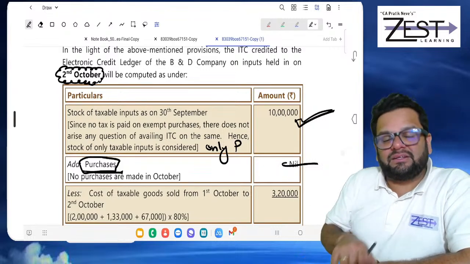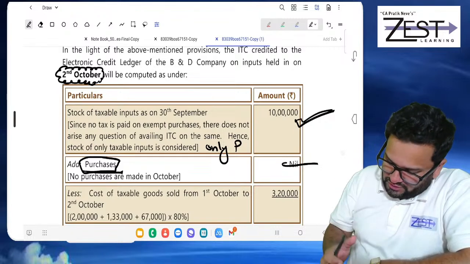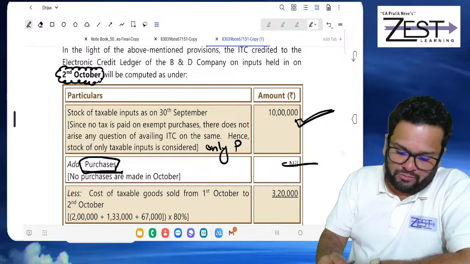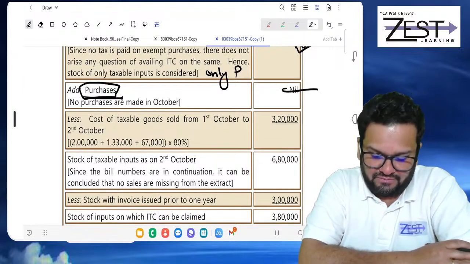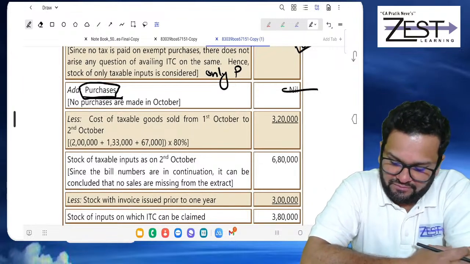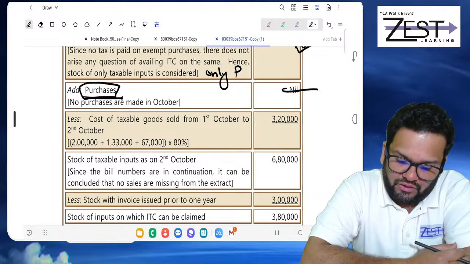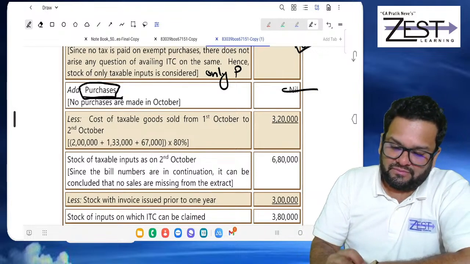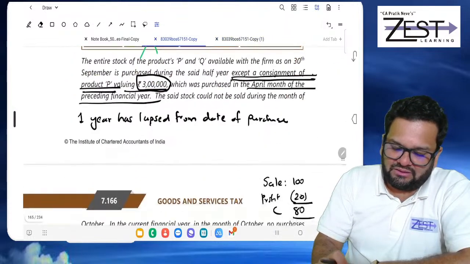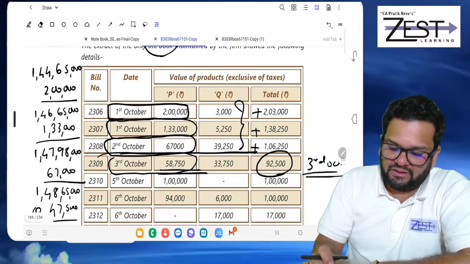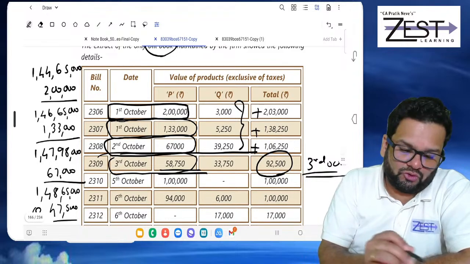But sales are done, no? On 1st and 2nd of October some sales are done. Do I know those sales done of product P? Can you take the total of those sales?